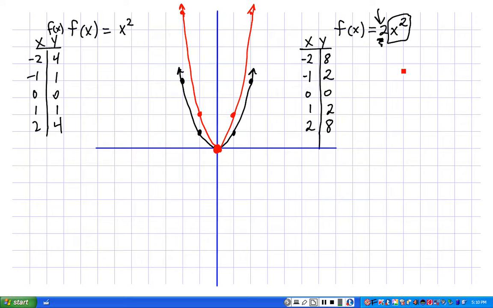Okay, this 2 is greater than 1. So anytime the constant is greater than 1, then you have what you call a vertical stretch.